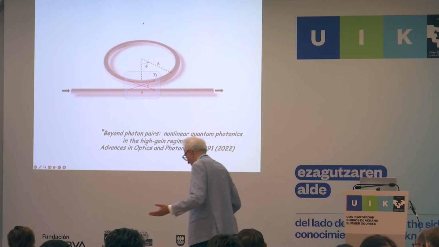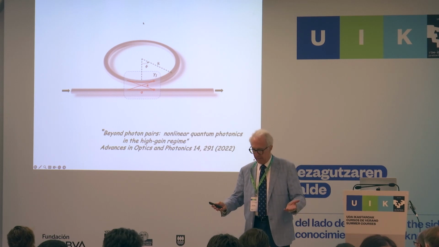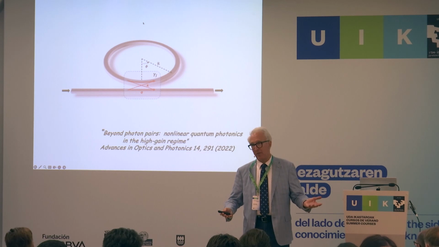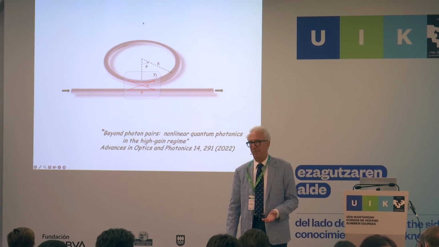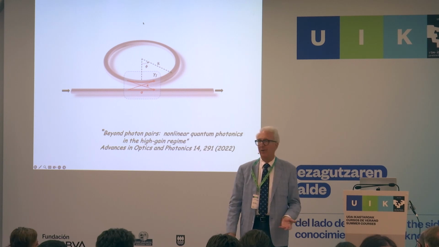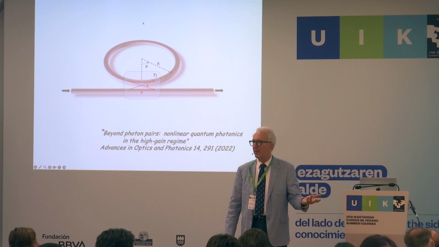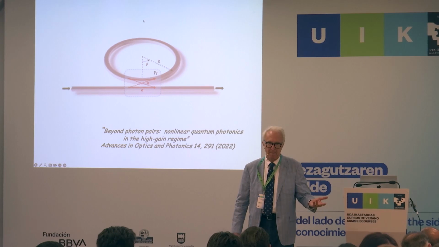You also want it to be transparent at twice the frequency, half the wavelength, because you don't want to worry about two-photon absorption. Okay? Silicon would be wonderful, except there would be two-photon absorption there, okay? And you blow your material up, okay? If you have two-photon absorption of your pump, okay?